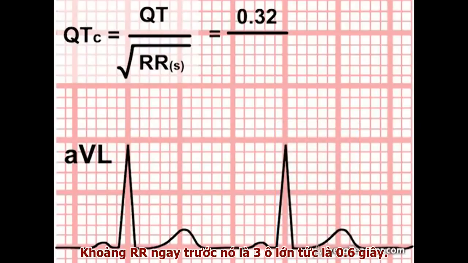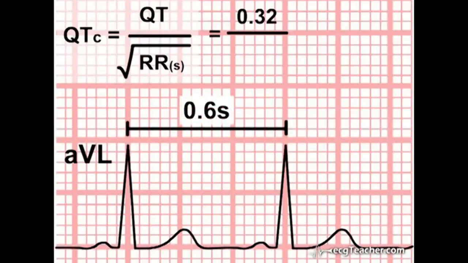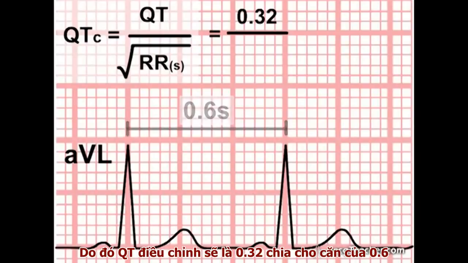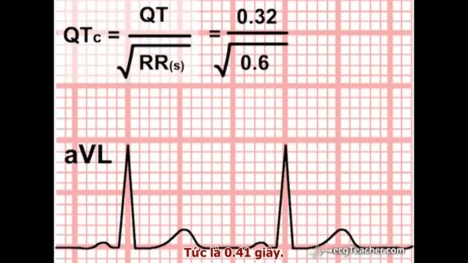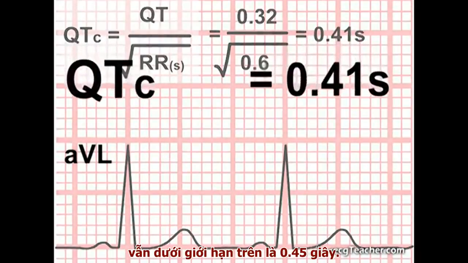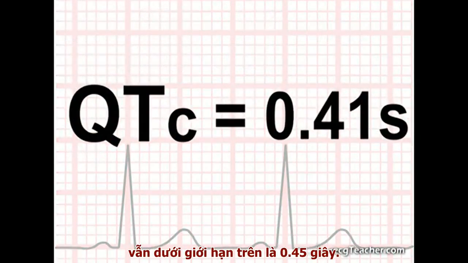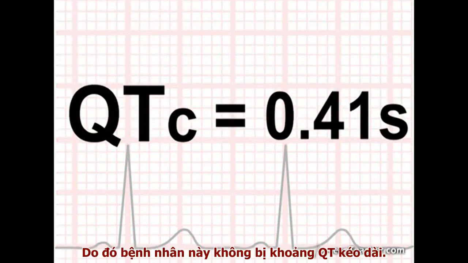The immediately preceding RR interval is 3 large squares, or 0.6 seconds. So the corrected QT is 0.32 divided by the square root of 0.6. This computes at 0.41 seconds, well within our upper limit of 0.45 seconds. So this patient does not have prolonged QT.